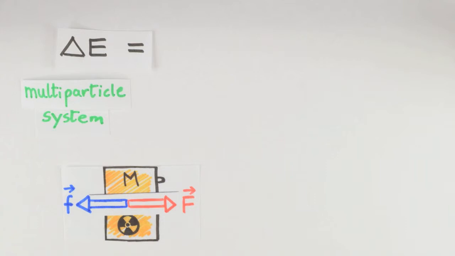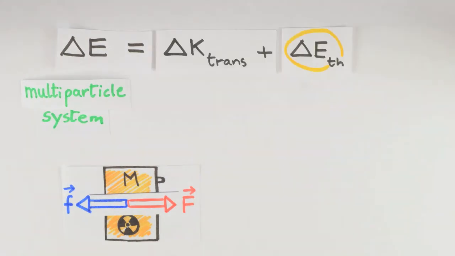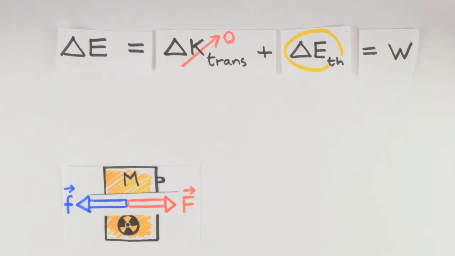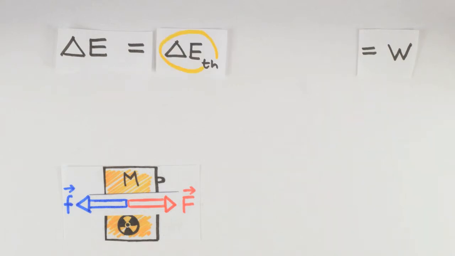Now let's look at the full multi-particle situation. Now delta E, the change in the total system energy, must also include changes in internal energy, here the change in thermal energy, and the sum of all energy changes must equal the work done on the system, the block. Now, as we discussed, delta K trans is 0, so the total change in system energy is just equal to the change in thermal energy, delta E thermal.